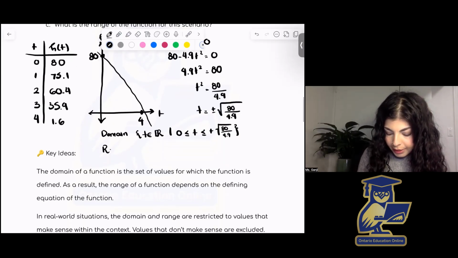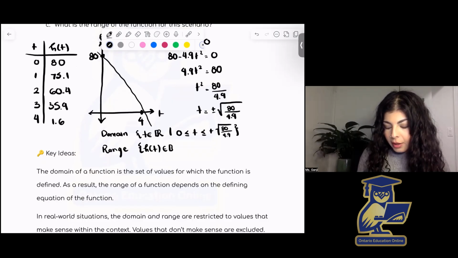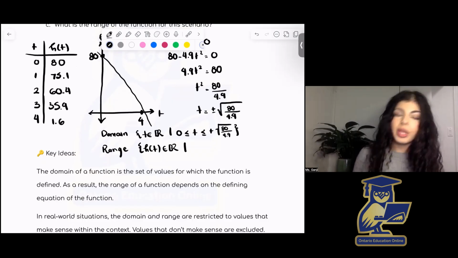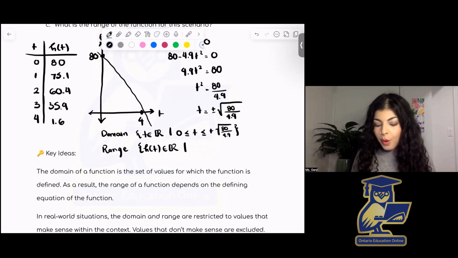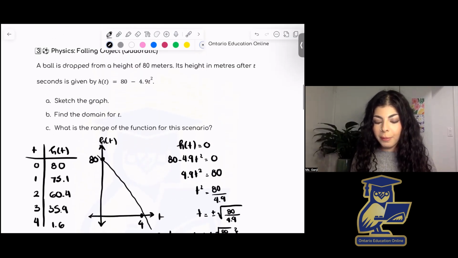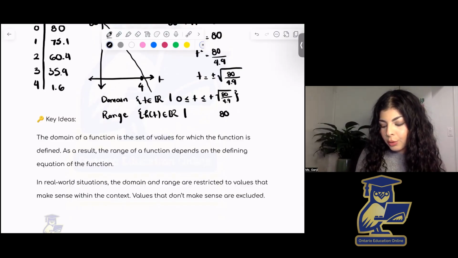Now for my range, it is actually a little bit easier here because we care about the height as it starts until it reaches the ground. You already have that the ball is dropped from a height of 80 meters, so we know that the maximum value of h of t is 80.